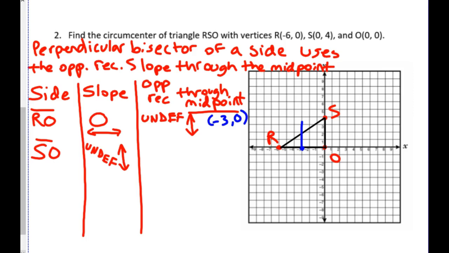So what's my opposite reciprocal slope? 0. What's the midpoint of SO? 2 on the y-axis, which is really 0, 2. And go ahead and make your 0 slope a horizontal line. And you can see where they're going to cross, right?